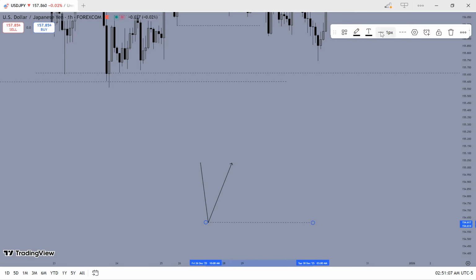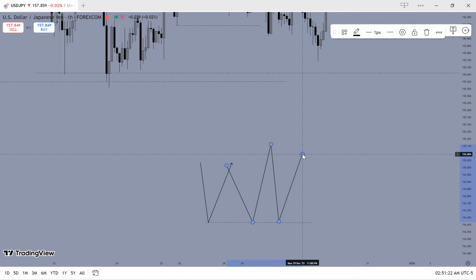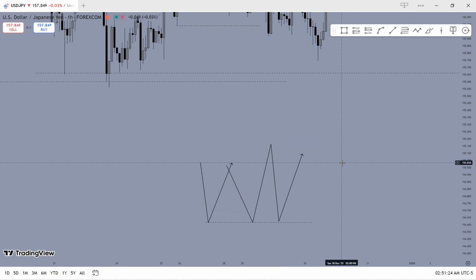But let's say market has now come back a few times, used it like this. Market came back again, used it like this. It's still possible for market to come back to this level right here and still use it, but it is not fresh anymore. So the probability of market using it is very low.